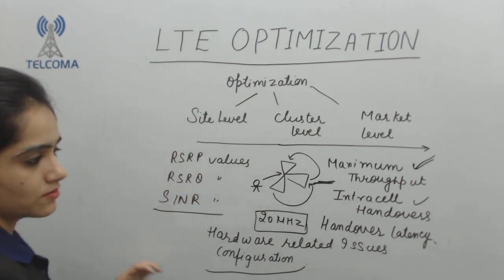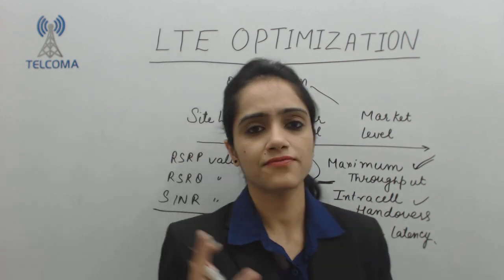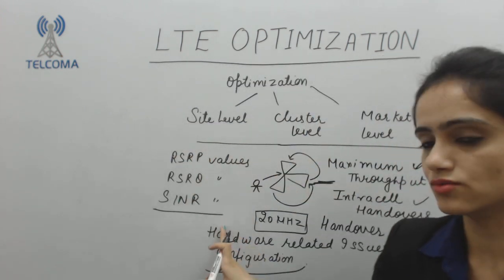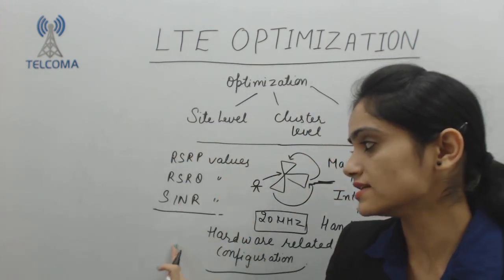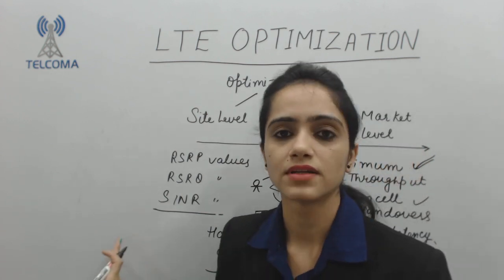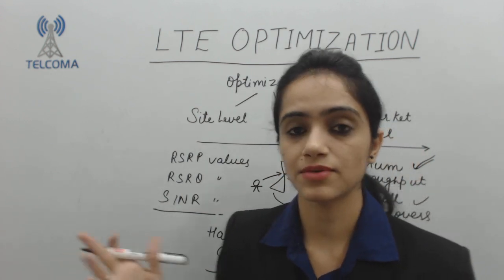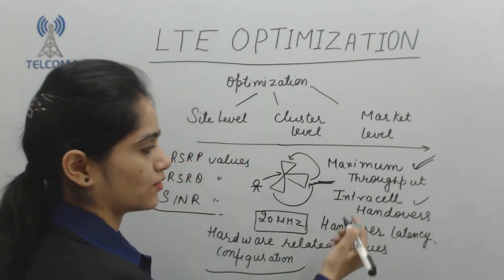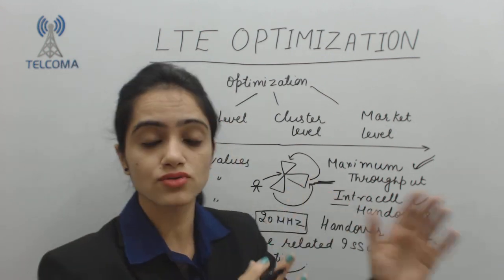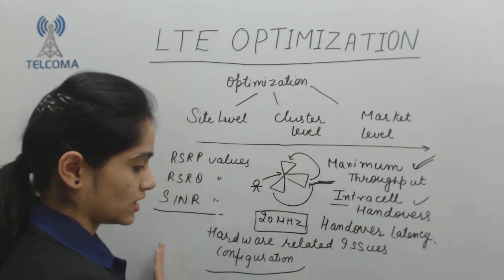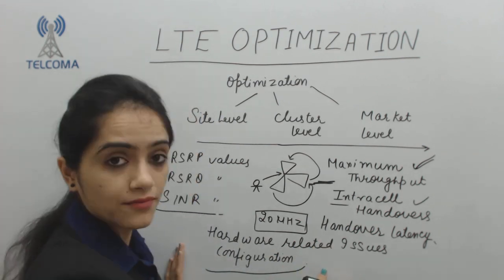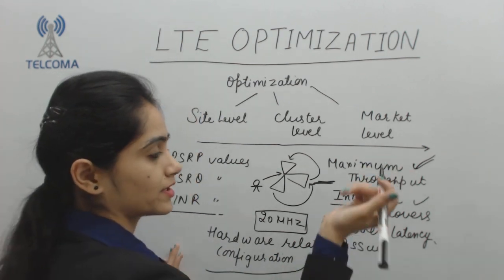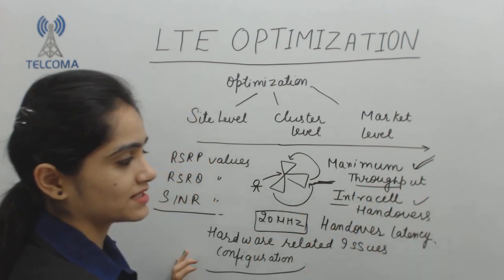On the whole, if you have accurate values in the KPI ranges, this is okay. But if the values are not that good, that means we require to optimize this site. We require to optimize the intercell, and find out why handover is not happening between different sectors. If there is a hardware related issue, why are you not getting maximum throughput, what are the reasons.